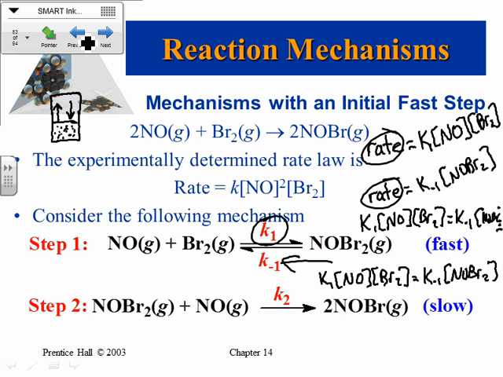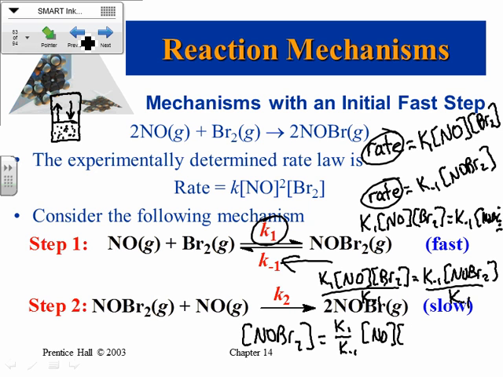But we can solve this in terms of the NO and the Br2 so that we can do a substitution. If I divide both sides by K to the minus 1, then my NOBr2 concentration is equal to K1 over K minus 1 times NO times Br2.